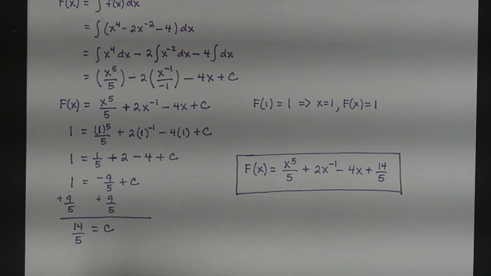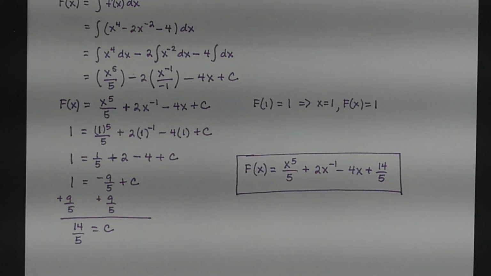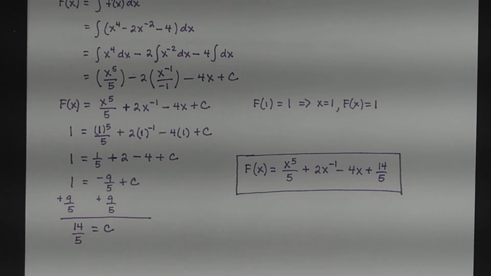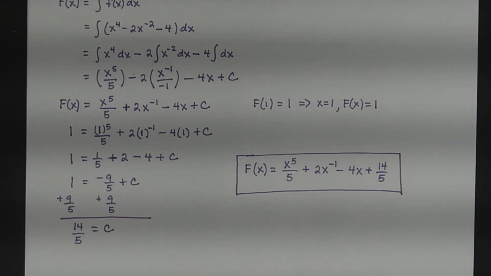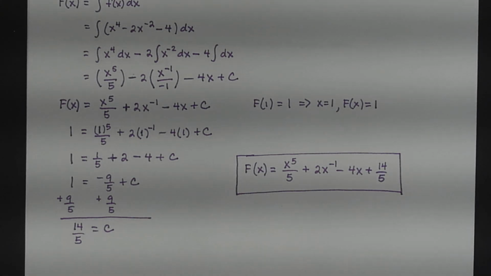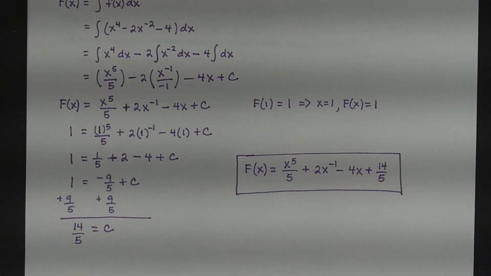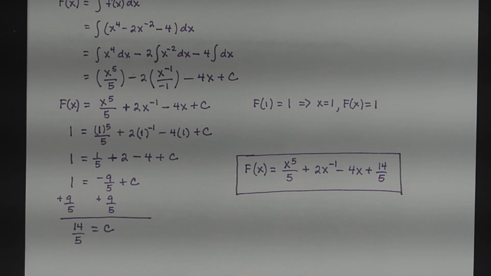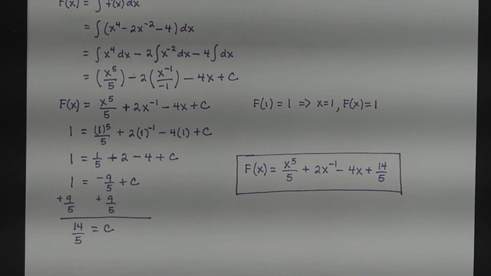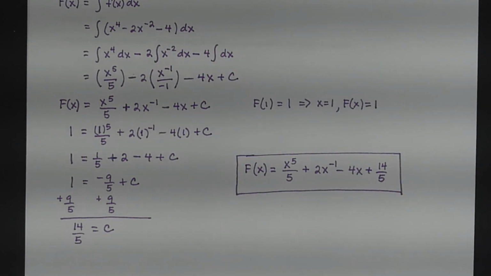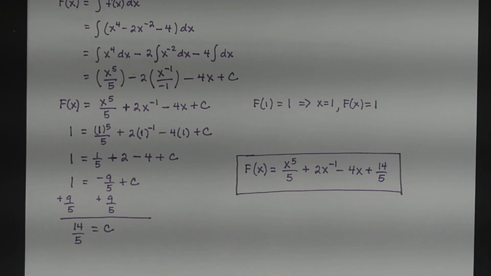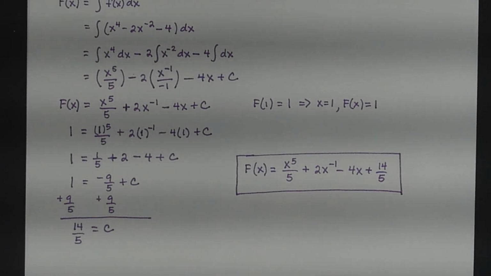So this is my capital F of x function, or the antiderivative that satisfies capital F of 1 equaling 1. Okay? And I do apologize for these mistakes. Here I just pretty much messed up on the sign, so I had to go back and correct that.